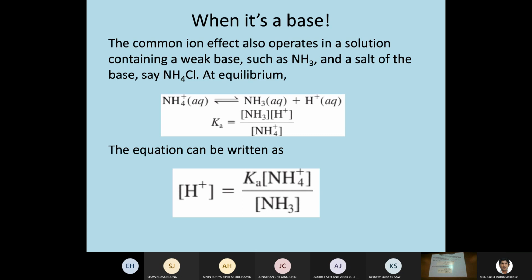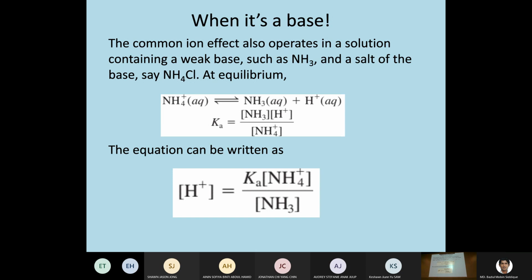Ammonium chloride, what type of salt is it? Acidic, basic, or neutral, when it gets dissolved in the water?